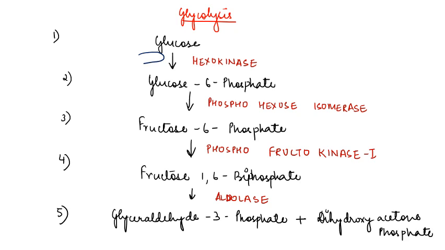In the first step, there is an addition of phosphate, which means ATP is utilized and it generates ADP, right? In the third step, again you can see fructose is getting converted to 1,6-biphosphate. That means one more addition of phosphate, so again ATP is utilized and it gets changed to ADP.